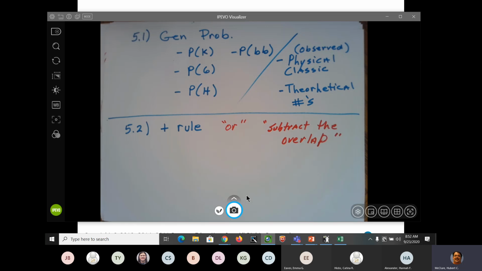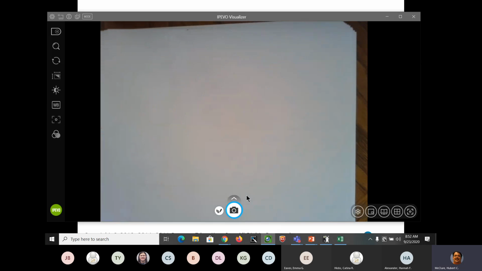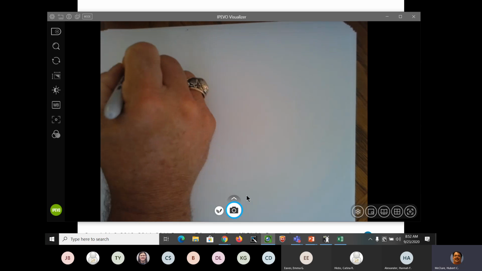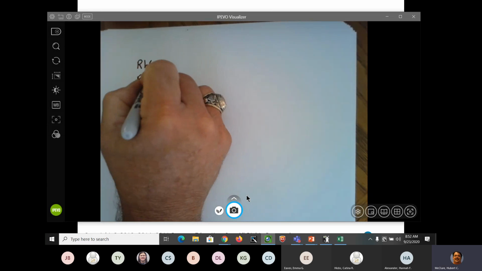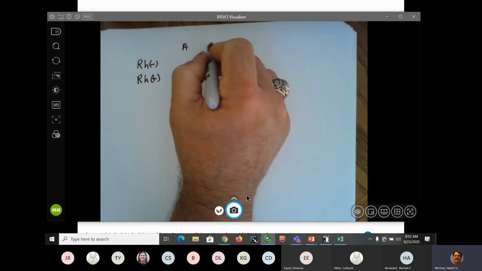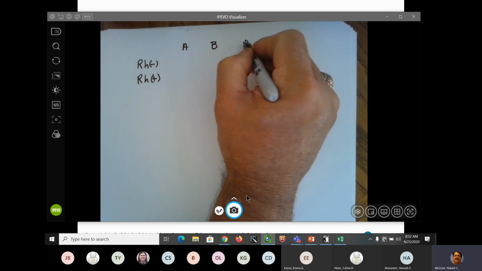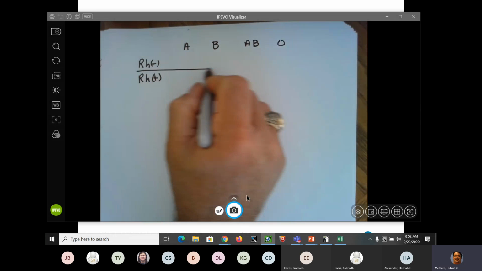You will see the following blood types: RH negative, RH positive, and I think there's A, B, AB, and then O.